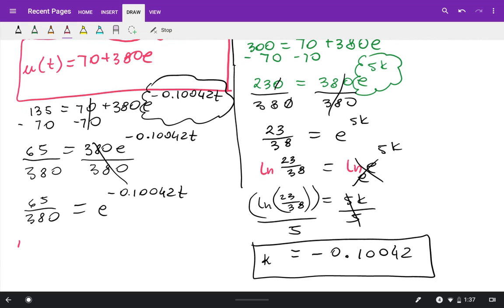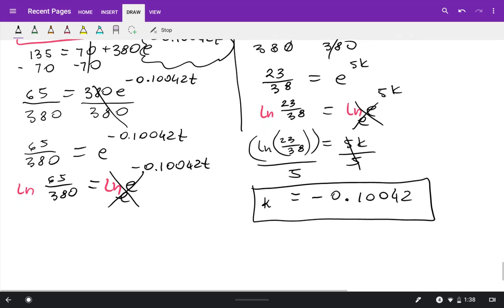So now we're ready to attach ln to both sides. ln of 65 over 380 is equal to ln of e to the power of negative 0.10042 t. Solving those equations right now should be quick. ln and e cancel. So we have ln of 65 over 380 equal to negative 0.10042 t.